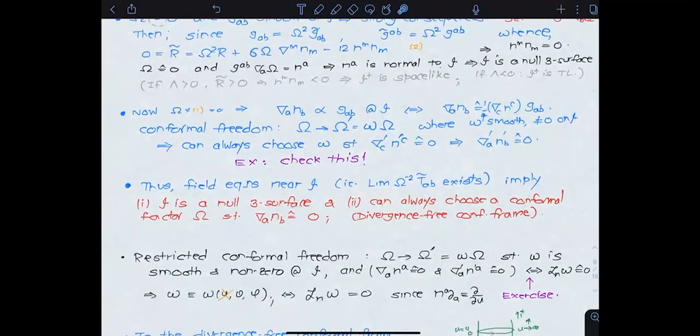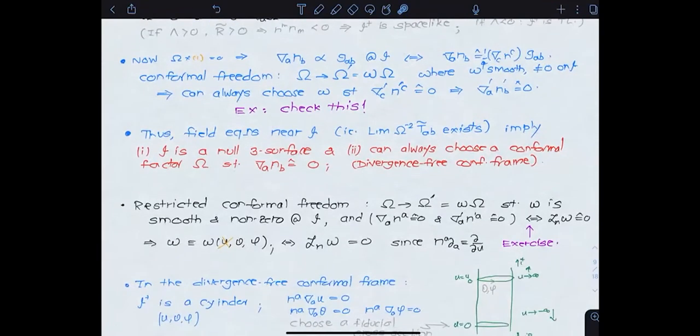So we can always choose an omega. And there's an exercise that I can choose an omega such that, since little omega is a free function, I get one condition that makes this null normal divergence free at scri. But of course, if you make it divergence free, then by the field equations, since it was proportional to the divergence, I get this equal to 0. That means I can always choose a conformal factor.